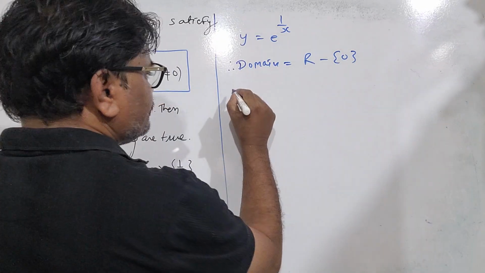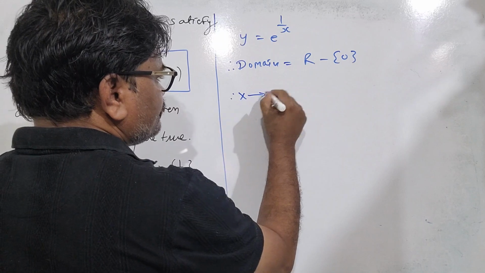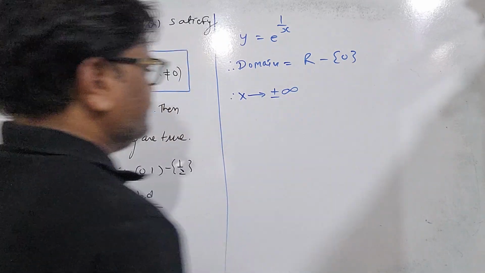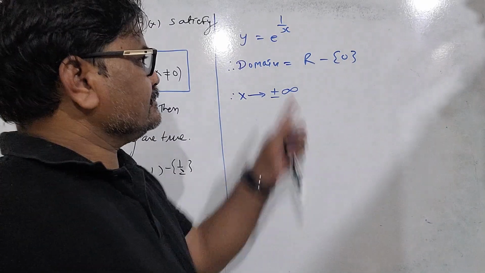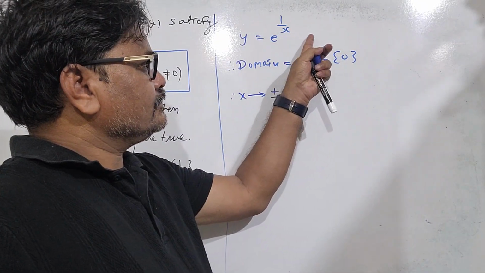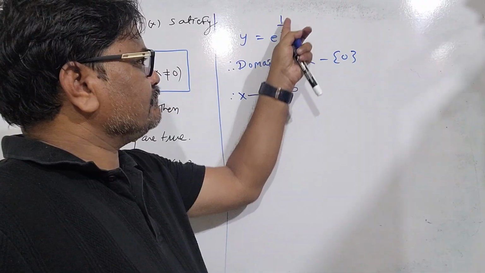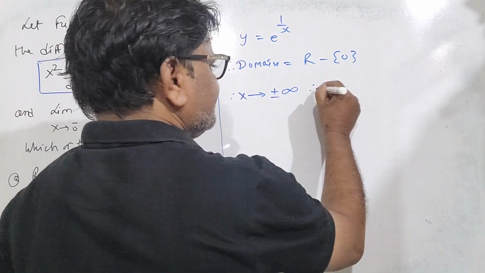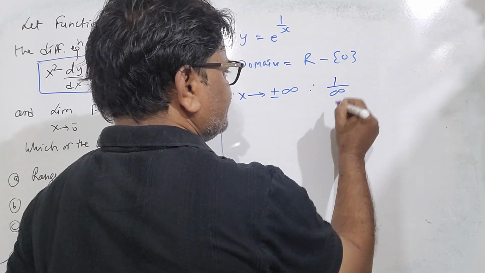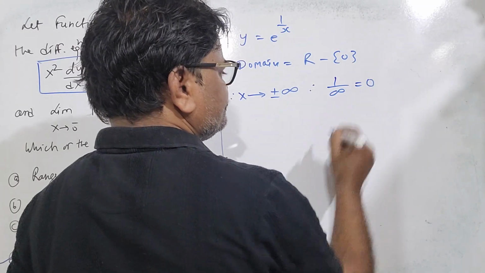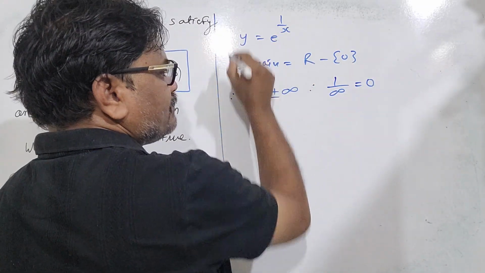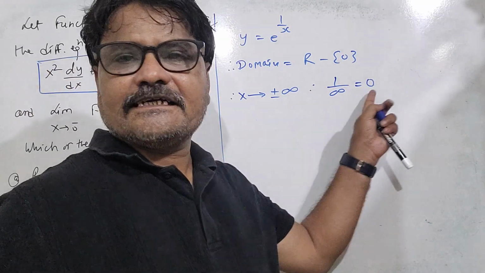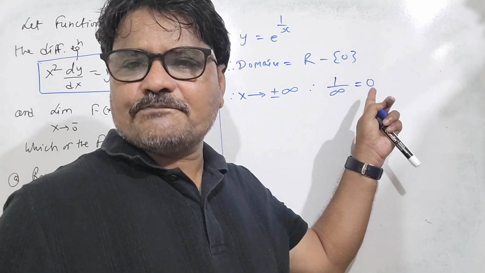Okay, now when x is approaching positive infinity or negative infinity, x is increasing towards positive infinity. This is 1 upon infinity, and that is equal to 0. If it is 1 upon minus infinity, even then it is 1 upon infinity, which is equal to 0. Zero is not plus, not minus.